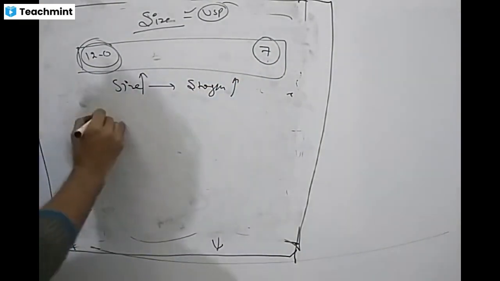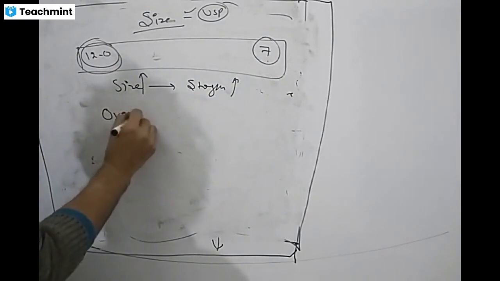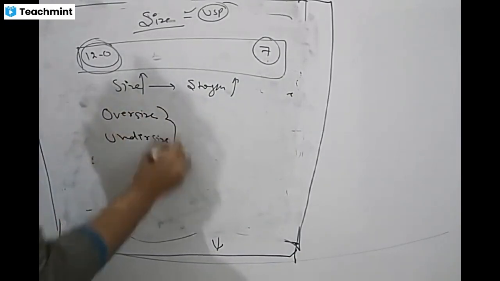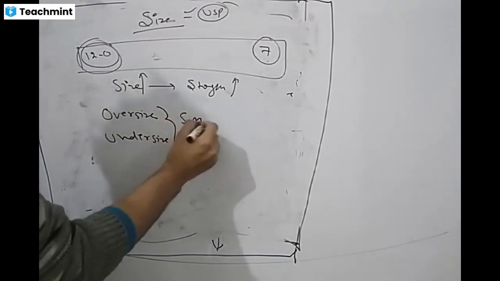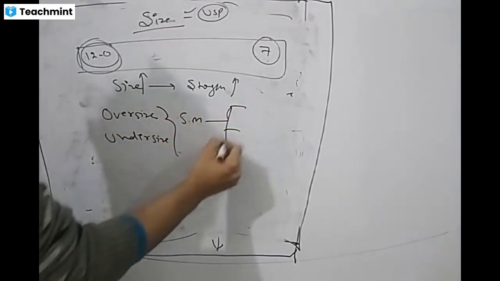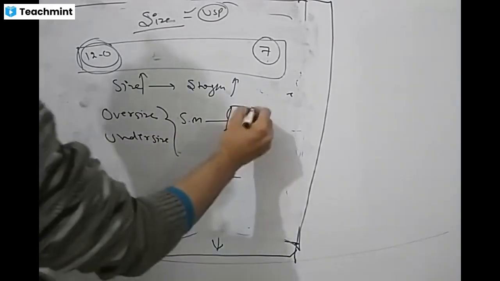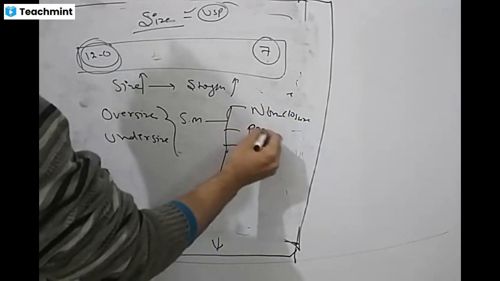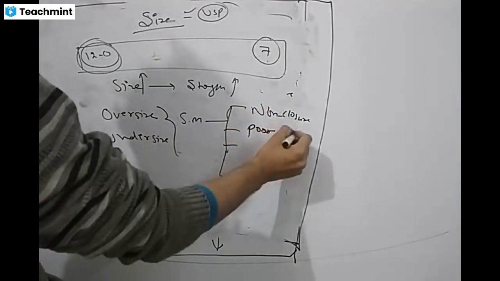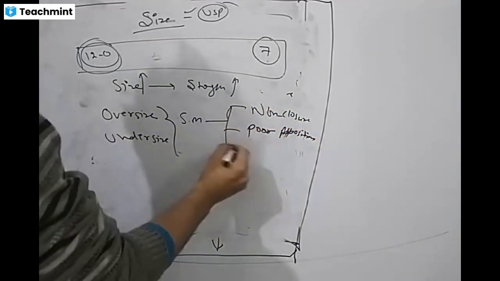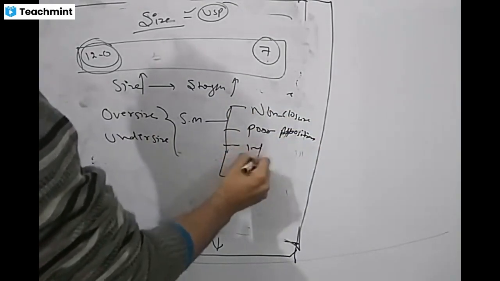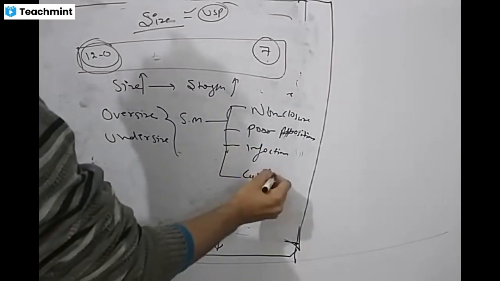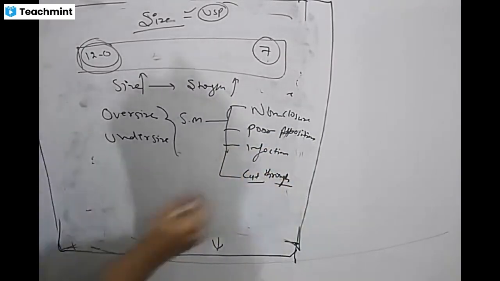If you use oversize or undersize suture material, then the complications may be non-closure or poor apposition of the wound edges, or chances of infection, or cut through. It may cut the tissue.